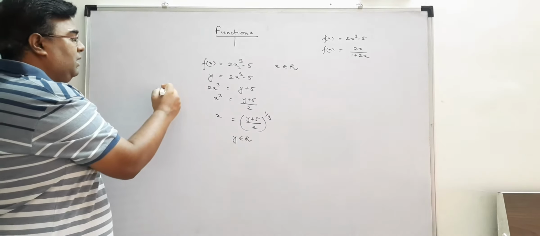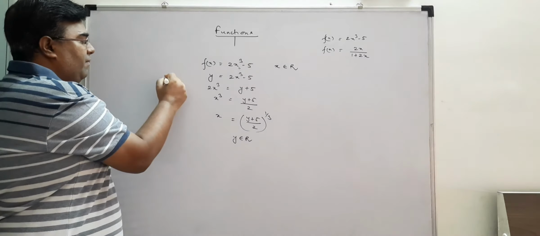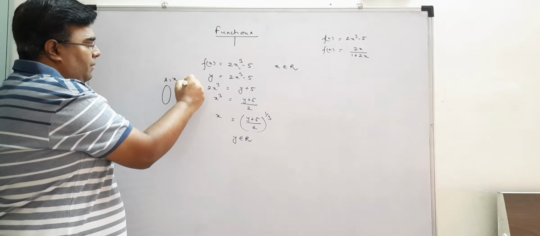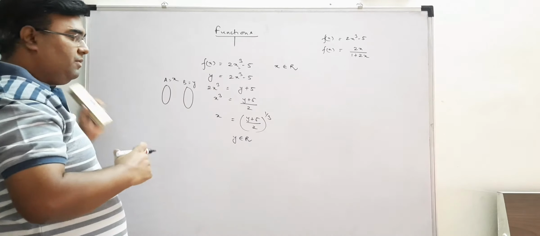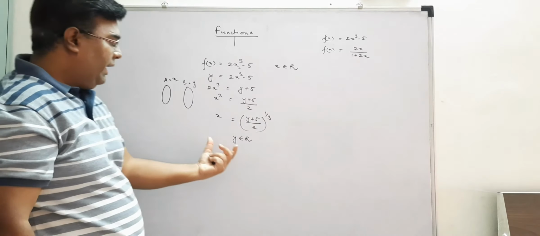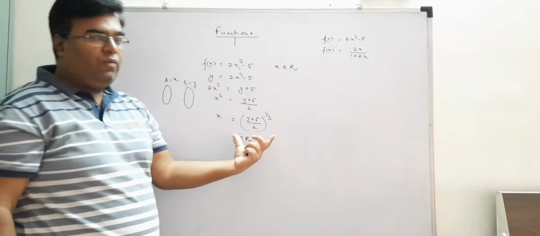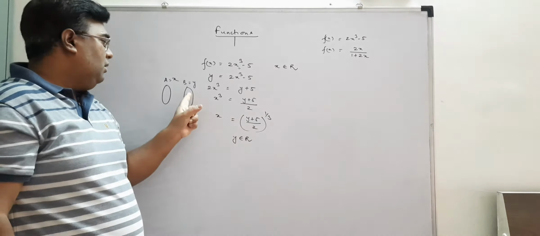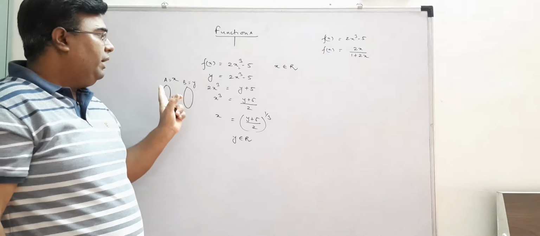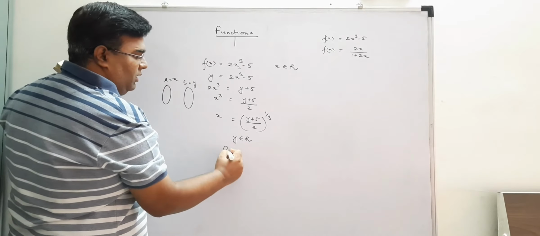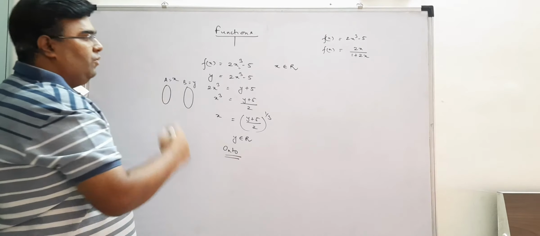A is where x comes from, B is where y comes from, right? So we are saying that y belongs to the real numbers. It means all the values of y have an image in A also, hence it is an onto function. This is my onto function.